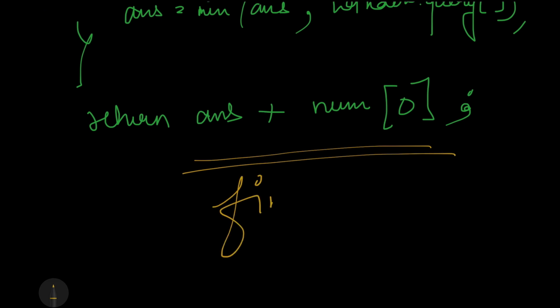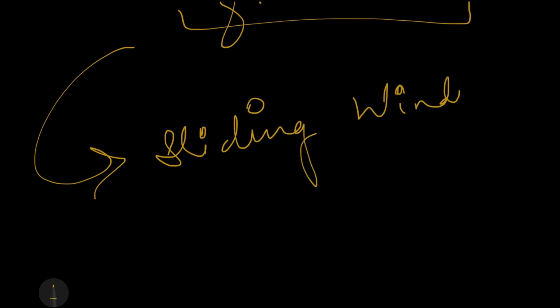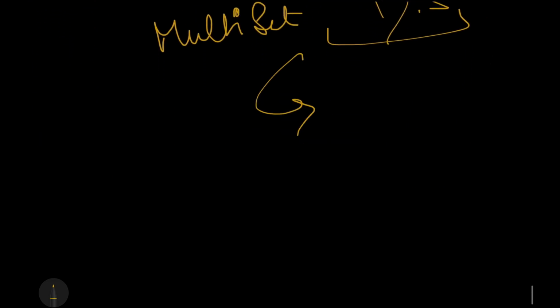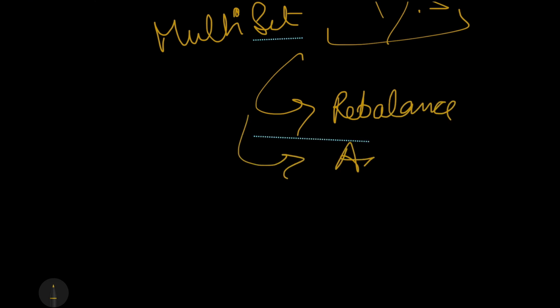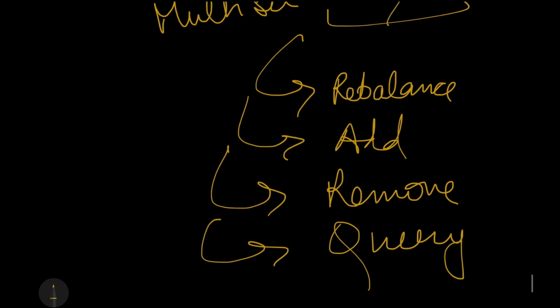Okay, this would be our final answer. So this was how we solved this problem using a sliding window and a multiset data structure, in which we defined the functions to rebalance, add, remove, and query.